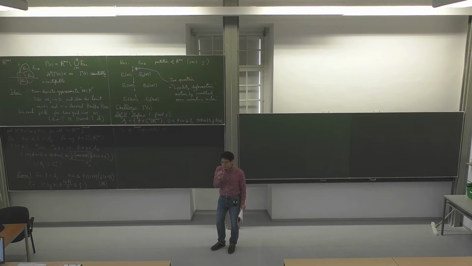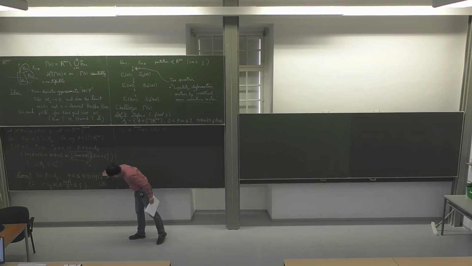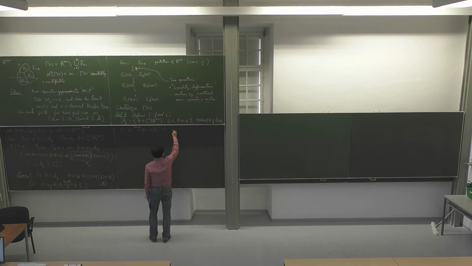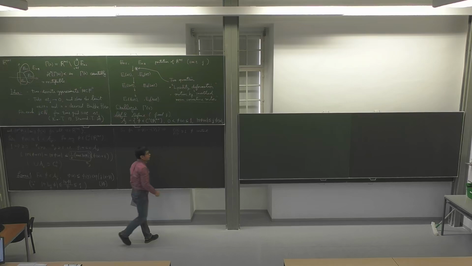Because if it is very close to 0, that means phi(x) and phi(y) are basically comparable, so phi(x) over phi(y) is more or less 1. So phi behaves like a constant at a small scale.